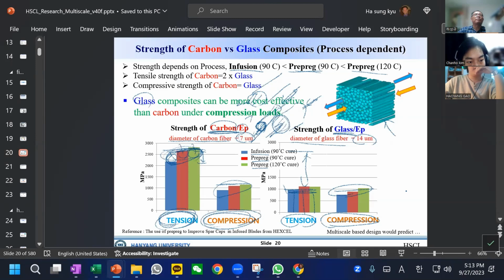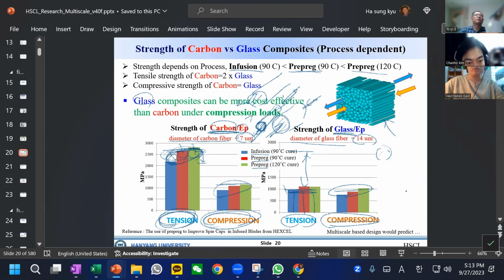The beauty of the composite is that under tension, let's say we have a crack there, the crack propagates. The crack existence has the same probability. So whether we have a larger or smaller fiber, there is the same probability of a crack. For the larger one, if we have a crack, it can be easily broken, right?